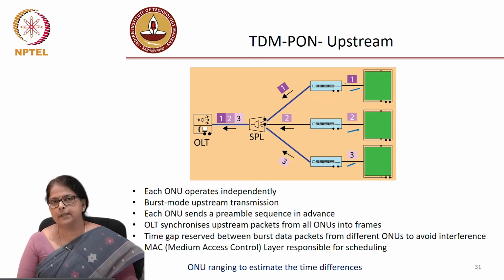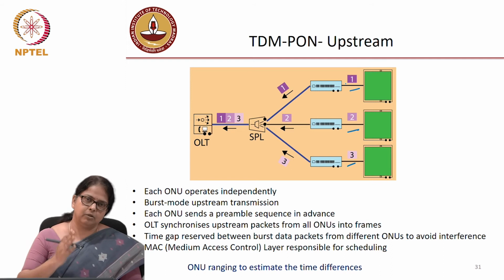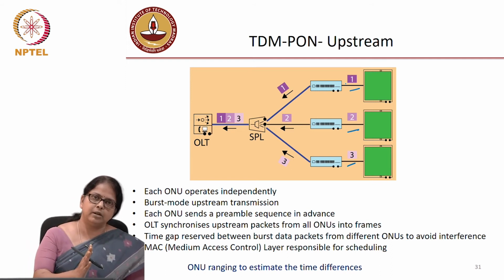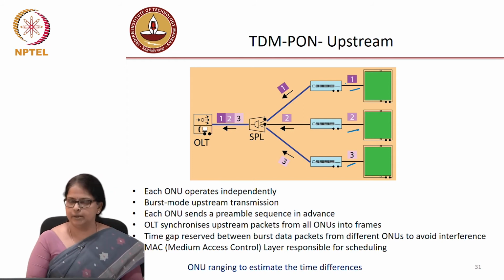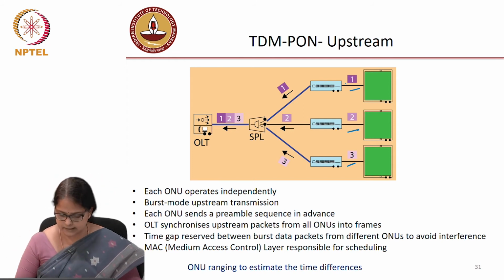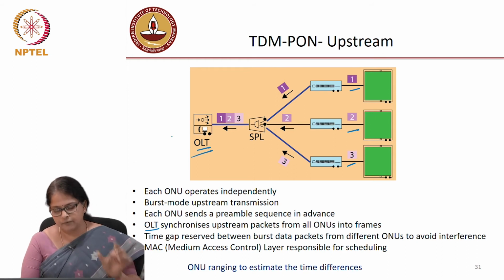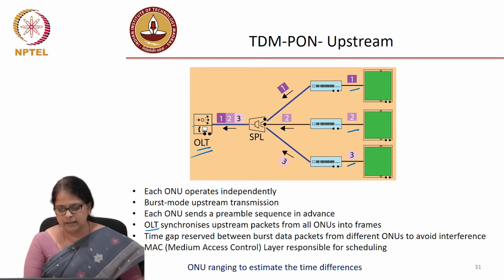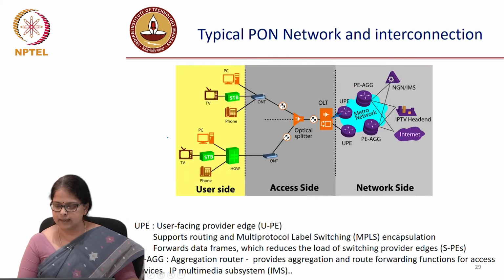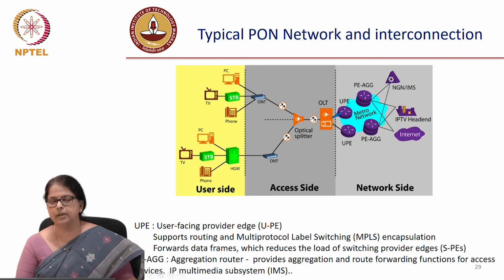It will also send a preamble, telling the OLT that, look, I'm going to send the information now, and then it starts sending the information. Each of these ONUs will do the same. The OLT is the one which actually synchronizes all these three, and it forms this complete packet, and this packet is what will get sent to the edge router of a metro network.